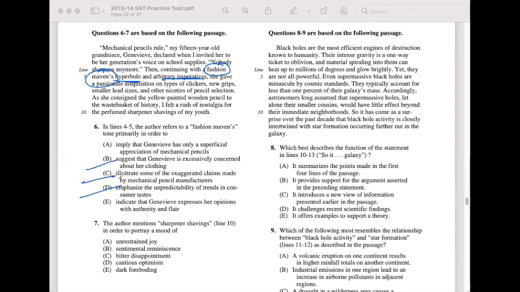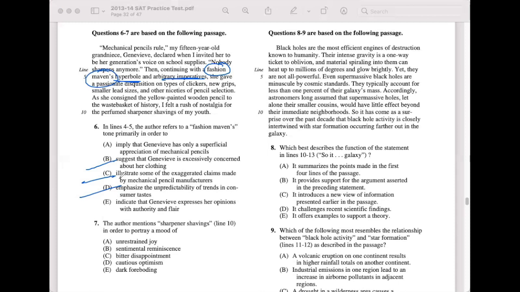Because the reference to fashion maven has nothing to do with Genevieve's clothing, right? The fashion maven reference is made to indicate how she describes her interest in mechanical pencils. So B is out. It has got nothing to do with manufacturers of pencils. So C is out. And it has nothing to do with unpredictability in consumer taste, right? That's not why a fashion maven is used. Now, I think the author is trying to credit her knowledge of mechanical pencils, right?